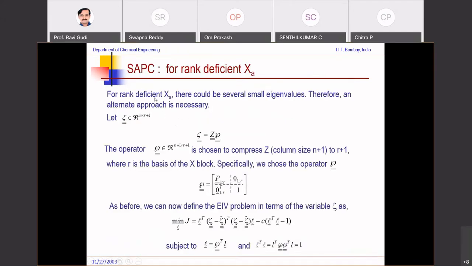Now for the rank deficient X's, there can be several small eigenvalues, and so an error in variables formulation needs to be done.